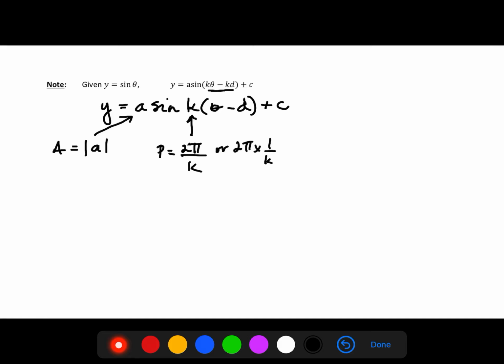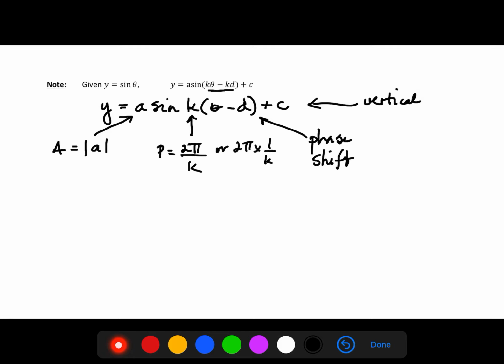And if that was a whole number, then we would do the reciprocal. So k also tells us how many cycles occur in 2 pi. So be careful with that as well.